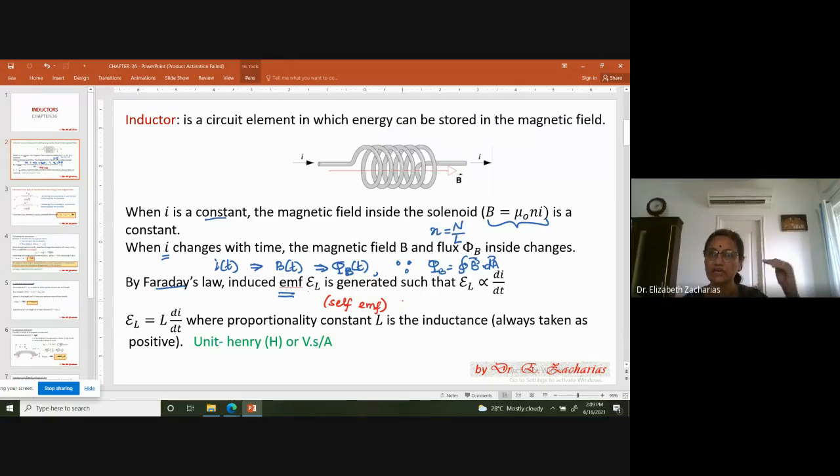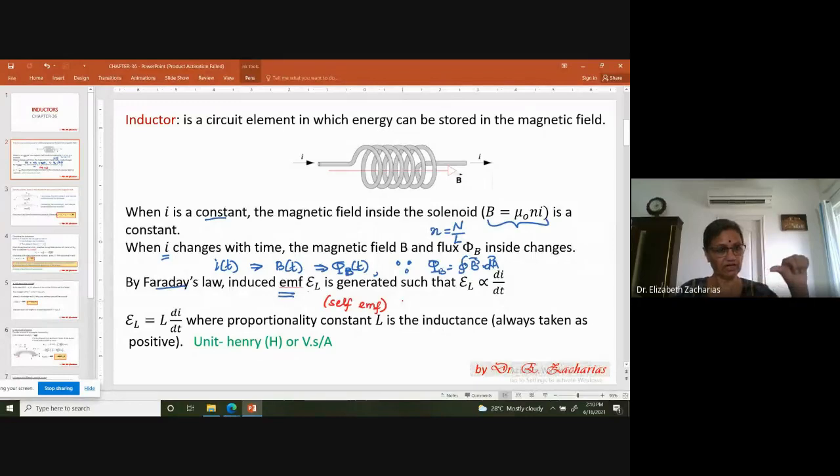Now, if the original current increases with time, the magnetic field increases, okay? The field increases, the flux is increasing. So what happens? There will be an opposite EMF induced or a small amount of opposite current in the coil, so that that induced magnetic field is in the opposite direction.